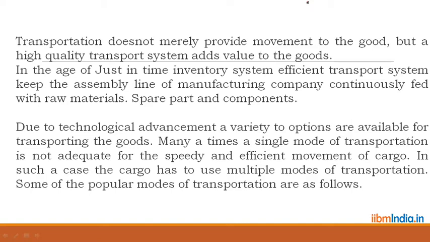In the age of the just in time inventory system, which I told you was started by Toyota, it is all about not keeping inventory in stock. Whenever we require inventory, we order it. It is very risky, but even so, in the age of just-in-time, or JIT in short form, an efficient transport system keeps the assembly line of a manufacturing company continuously fed with raw material, spare parts and components.